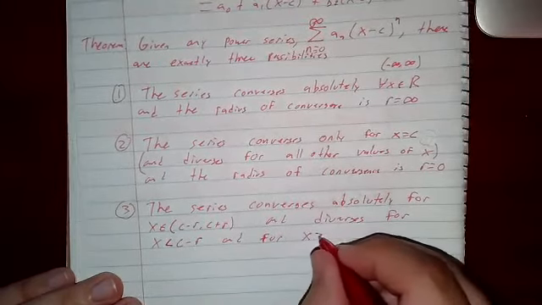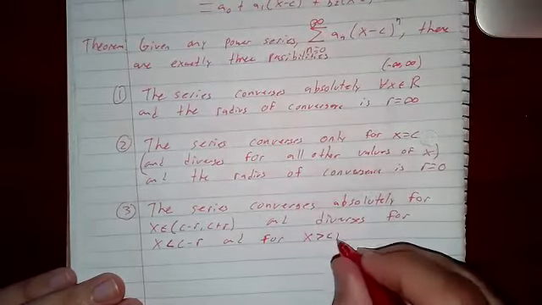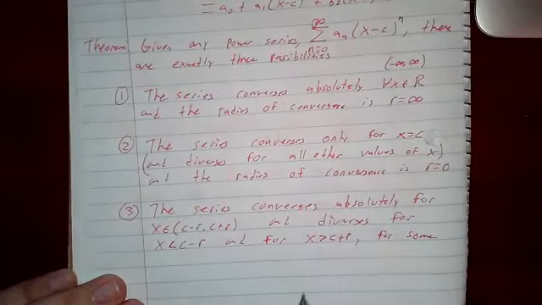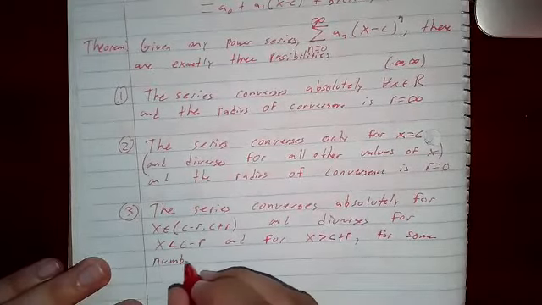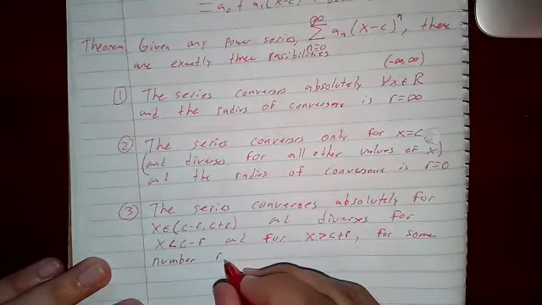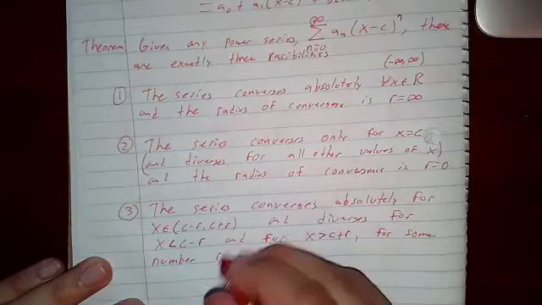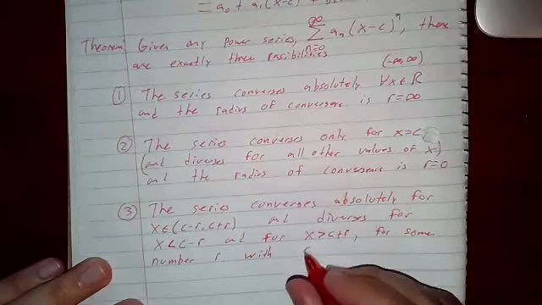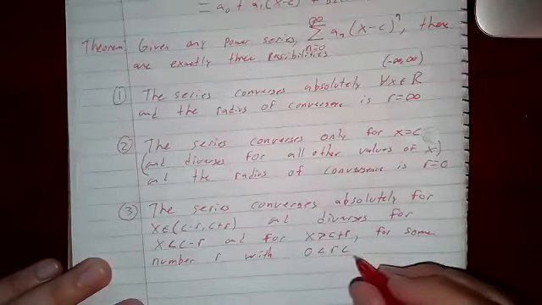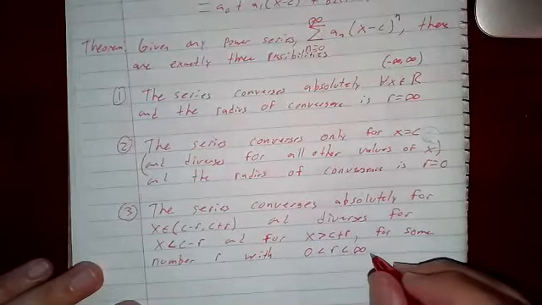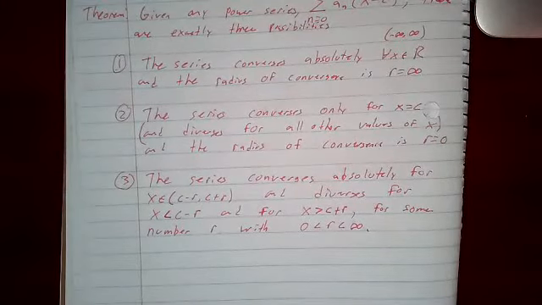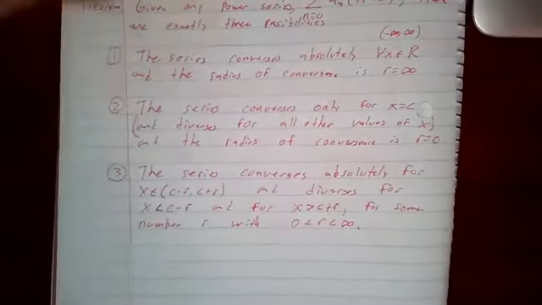And x greater than c plus r, for some number r, where r is between 0 and infinity. My radius has to be positive. That wouldn't make sense otherwise. Well, r is going to be greater than 0 and less than infinity.